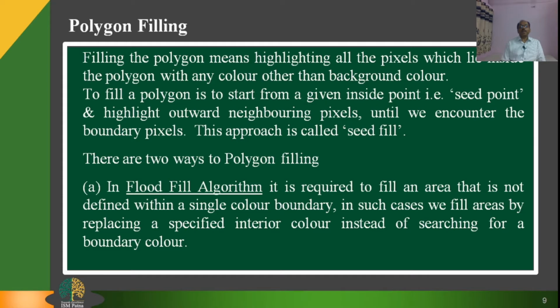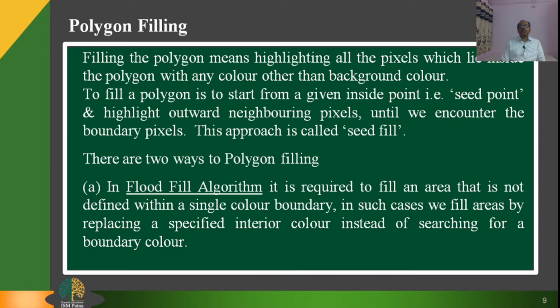To fill a polygon is to start from a given inside point, that is the seed point, the point from where we start filling, and highlight outward neighboring pixels until we encounter the boundary pixels. This approach is called seed fill.